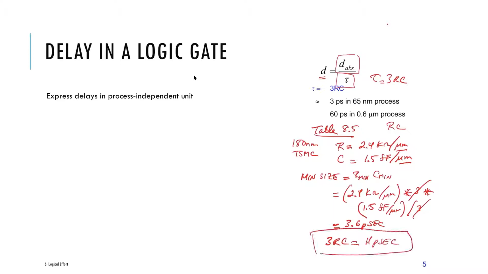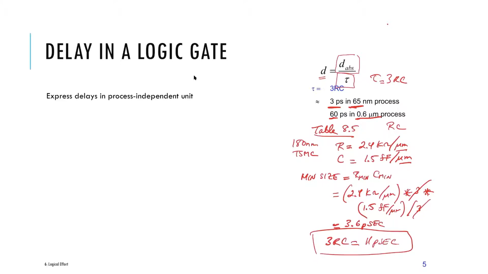If we had a 65 nanometer process, the 3RC would be maybe between 3 and 4x faster than we are now. If we were in a 600 nanometer process, it would be 6 times longer.